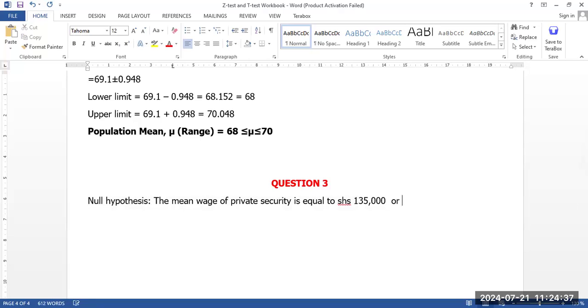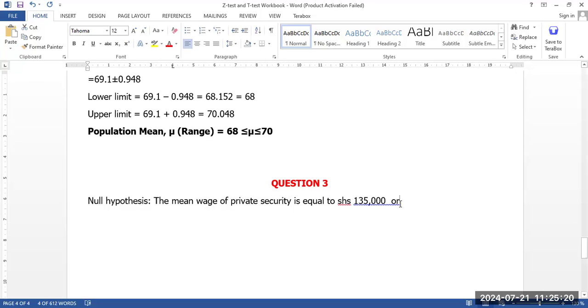Or another person can just use the sign. Remember, if you observe here, they have used the mean of private security guard. It means that you're looking at the overall organization. This is not the sample mean wage. No. This is the overall for the whole population.